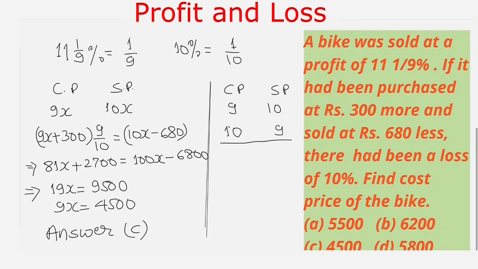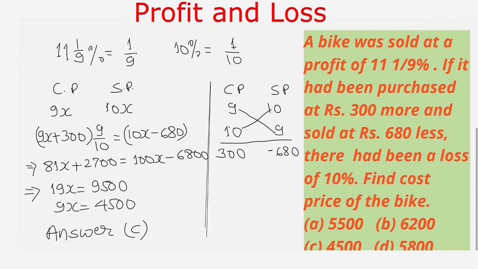And the CP was increased by 300 and selling price SP was reduced by 680. So we write plus 300 and minus 680 as it is reduced. Now we cross multiply it. 10 times 10 is 100, minus 9 times 9 is 81.